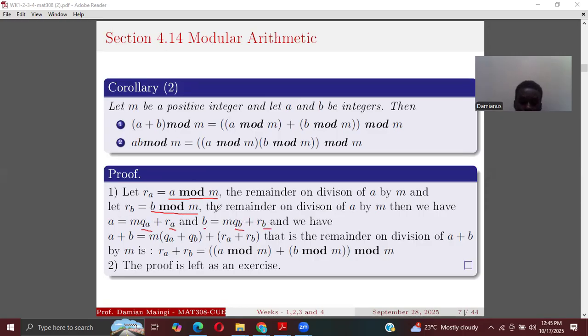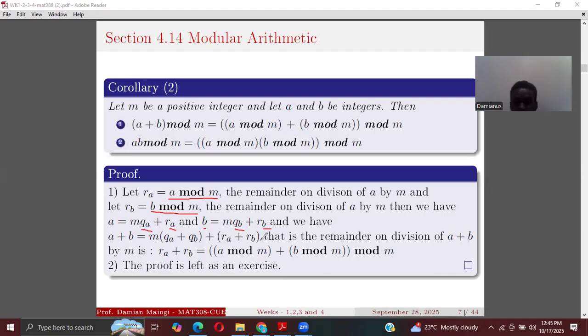If you add these two, A plus B, the left-hand side, equals the right-hand side, which is this whole expression plus this whole expression. You pull out M in brackets, and you have the sum of the quotients, plus the sum of the remainders.